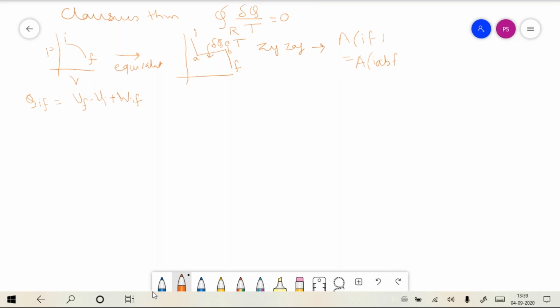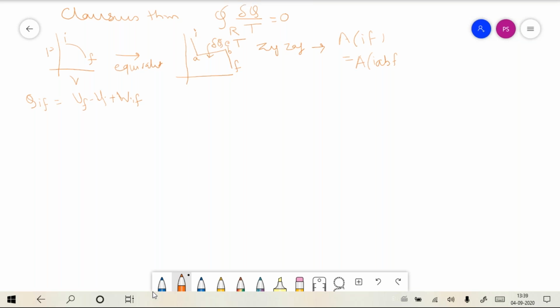If I apply the first law of thermodynamics to this exact path, it becomes Q of IABF is equal to UF, internal energy of the end state, minus UI, internal energy of the initial state, plus W of IABF. This becomes my equation 3. So if you look at equations 1, 2 and 3, what you get is Q of IF is equal to Q of IABF.